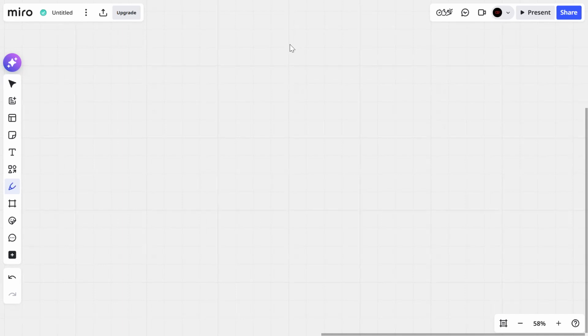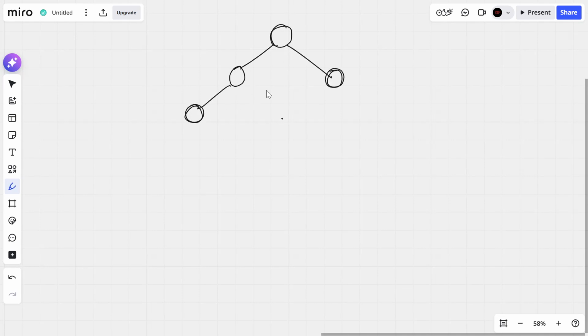So a tree looks like this. Can I have any number of these nodes?